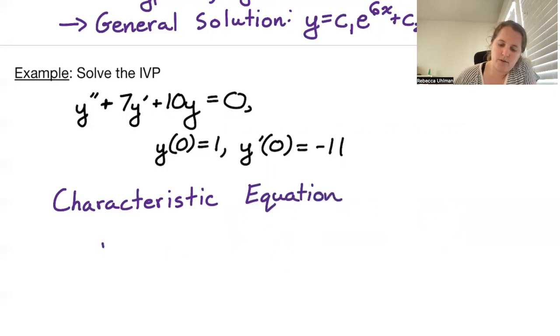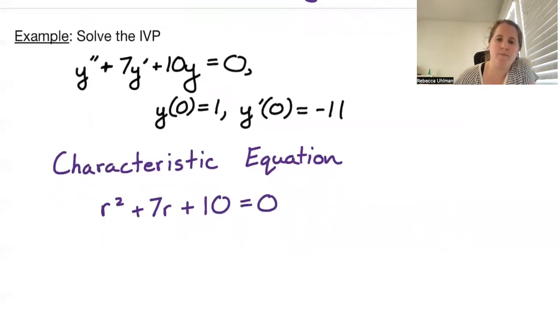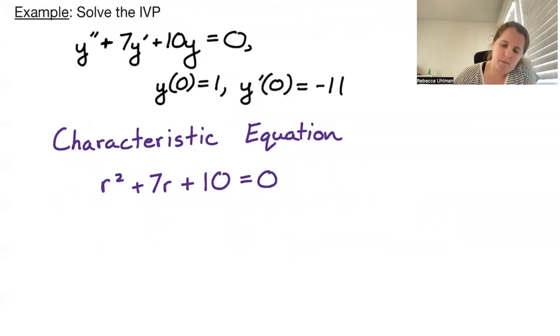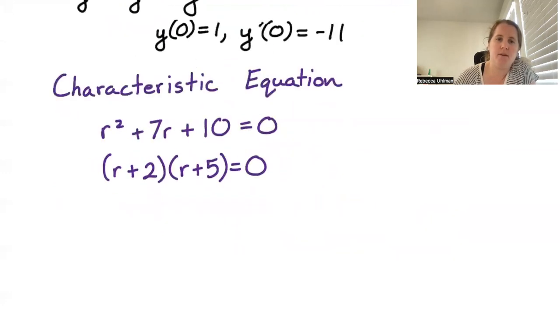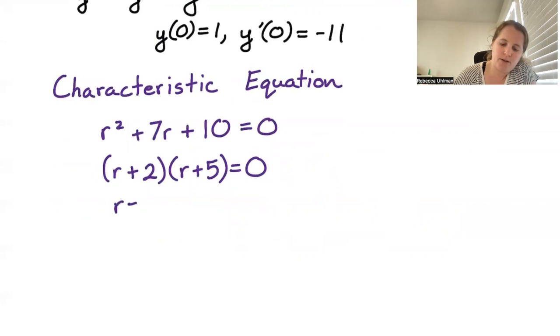We have r squared plus 7r plus 10 equal to 0. This factors as (r plus 2) times (r plus 5) equals 0. We therefore get r could be -2 or -5. Once again, we have distinct real roots.